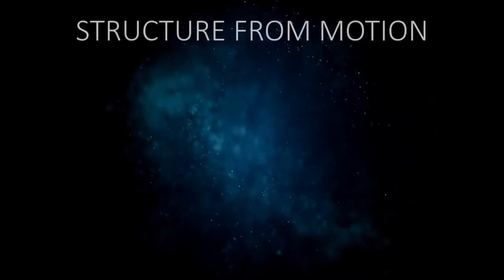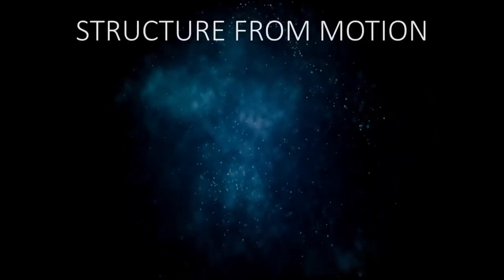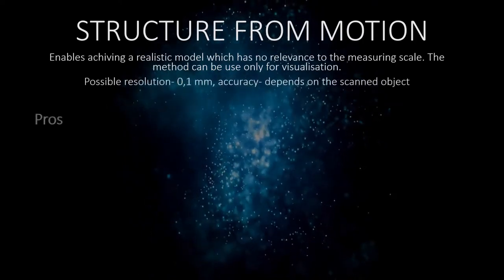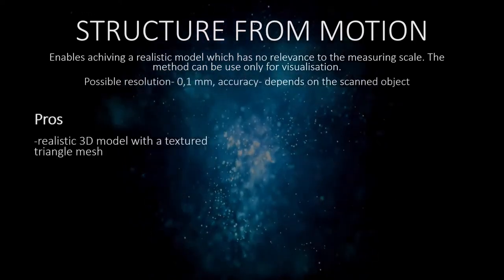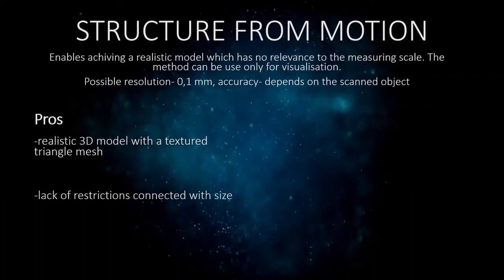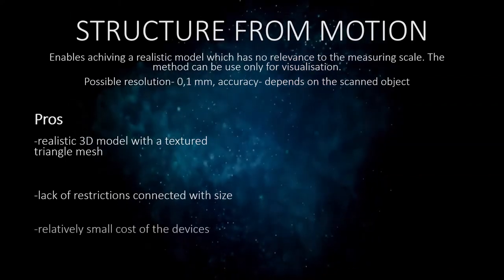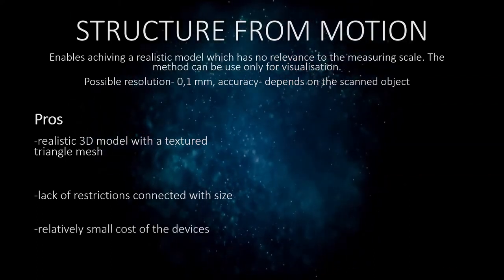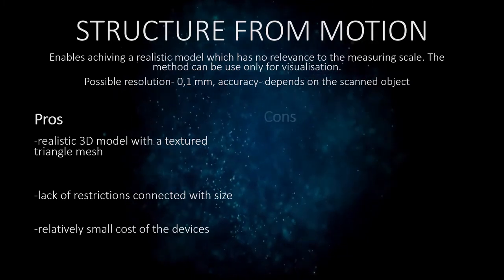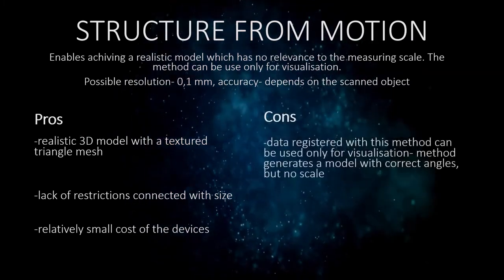Another passive method is SFM, structure from motion. It achieves a realistic model without any size restrictions. Also, the cost of scanning devices is relatively low. But data we can register with this method can be used only for 3D visualization, which means they will not be usable for archiving. The cause of that is the character of this method.